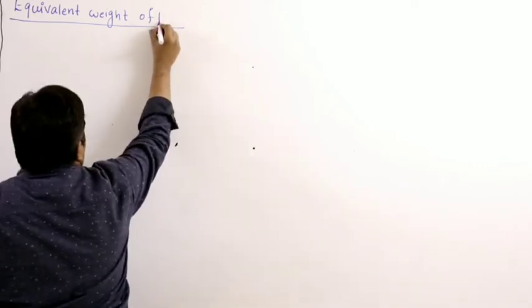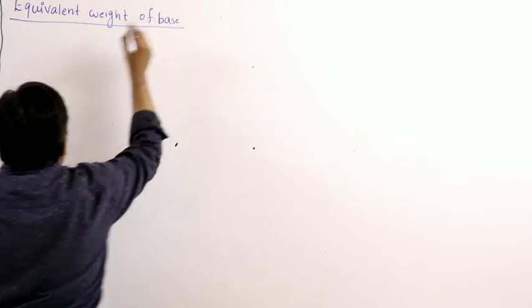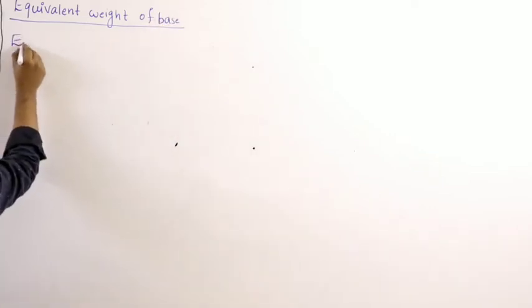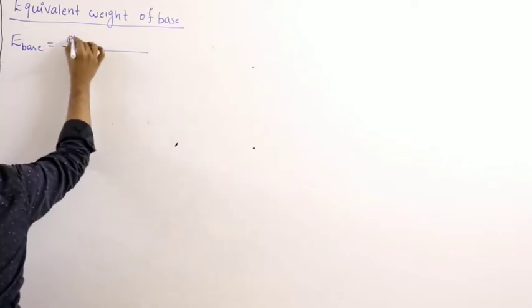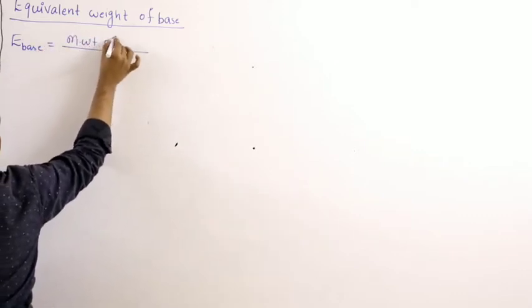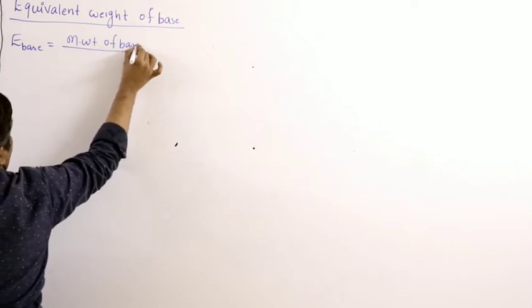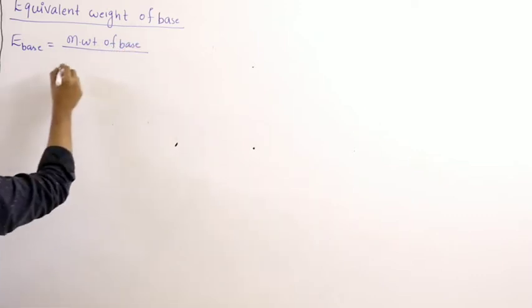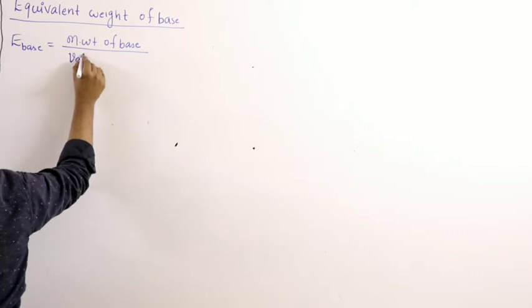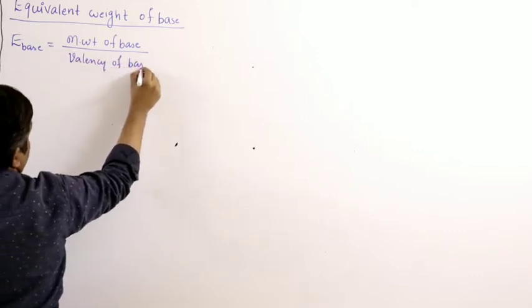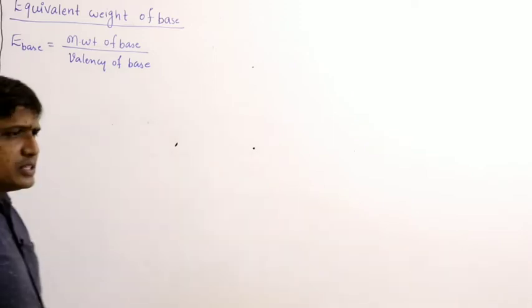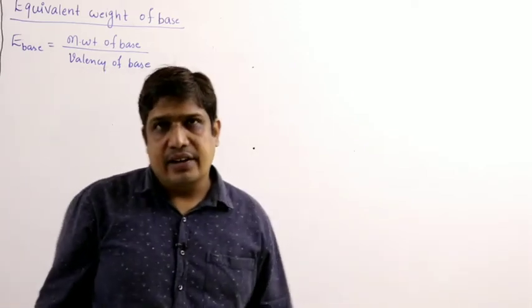So, next one is equivalent weight of base. So, how to find equivalent weight of base? Molecular weight of base by valency of base. In some books, this valency is given as n factor.